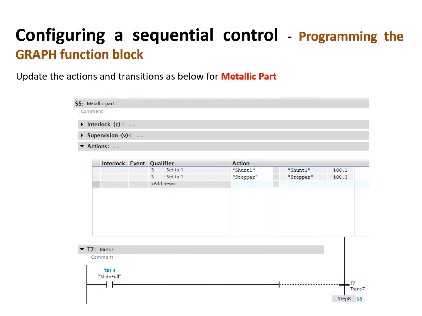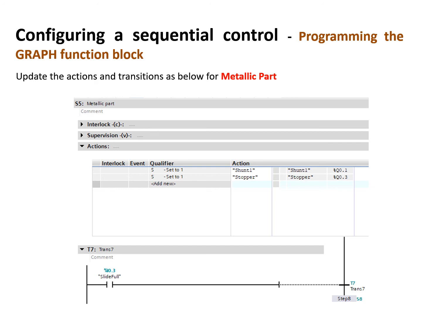Update the actions and transitions as below for the metallic part now. This is step 5. Double click on step 5 under actions. If the part is metallic, then shunt 1 should be active, and the stopper also should be set to 1.